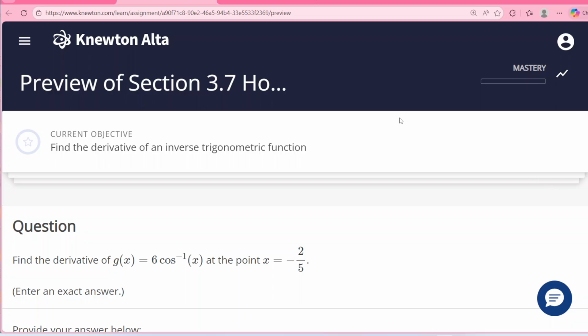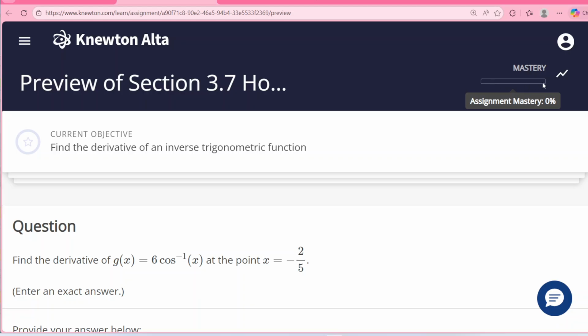All right, so here we are at Knewton Alta, and a preview of this derivatives of inverse functions assignment, which for the particular course I'm teaching here is section 3.7. In the upper right-hand corner, you should be seeing a mastery bar.